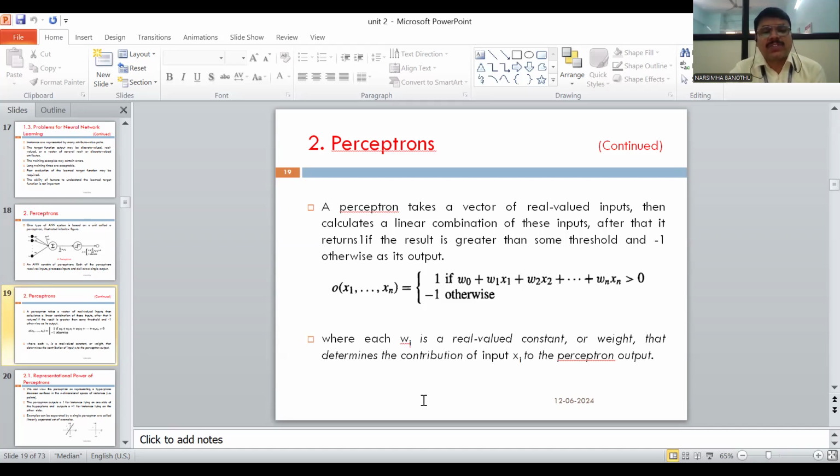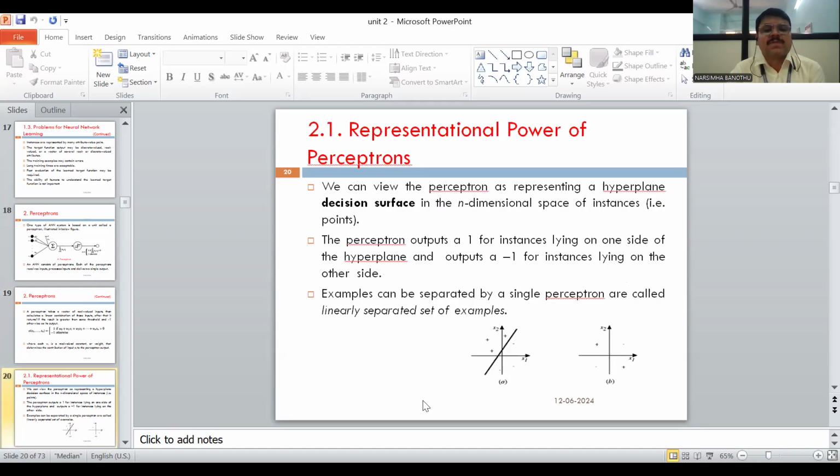Where each wi is a real valued constant, or weight, that determines the contribution of input xi to the perceptron output. So see here, representation power of perceptron. We can view the perceptron as representing a hyperplane decision surface in the n-dimensional space of instances.